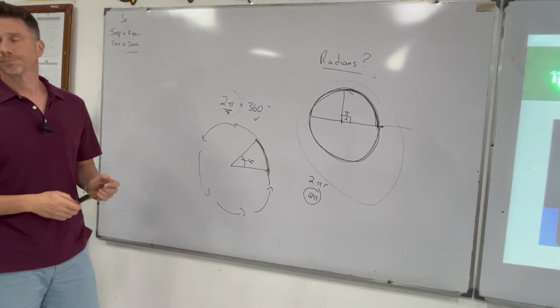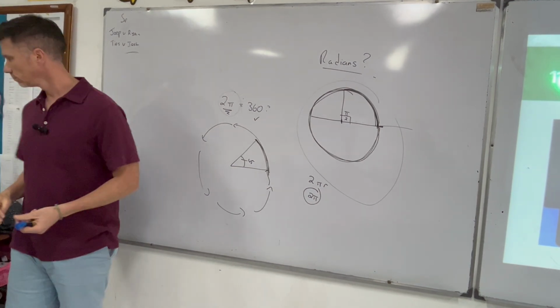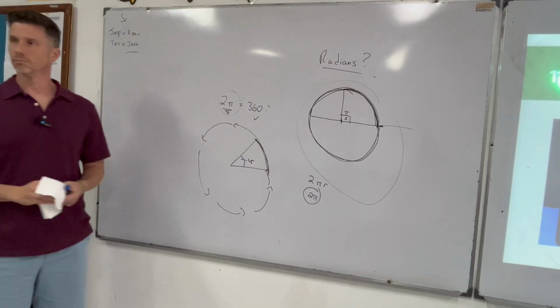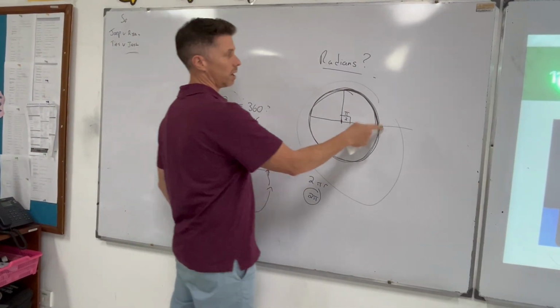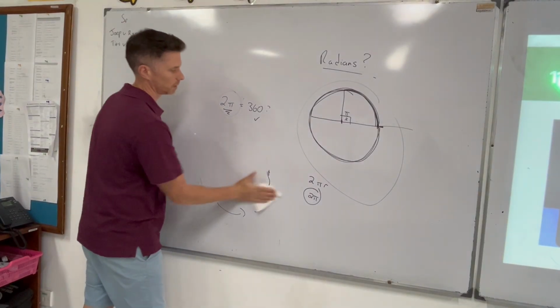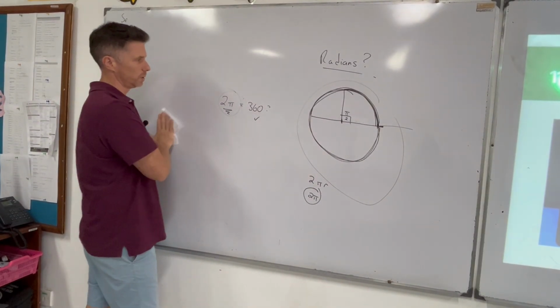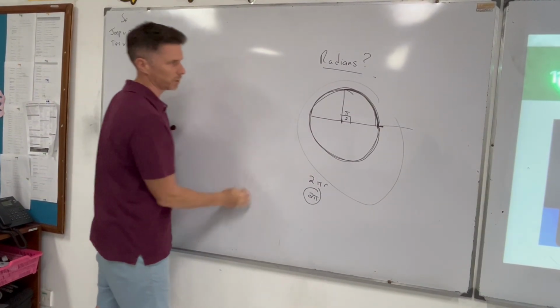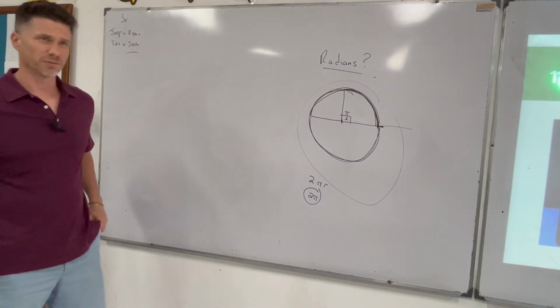Does that mean the arc on the outside and the angle are equal? Well, the longer the arc, the bigger the angle. So maybe we can create our own formula for how to convert.